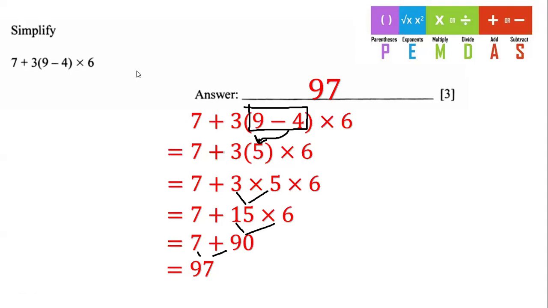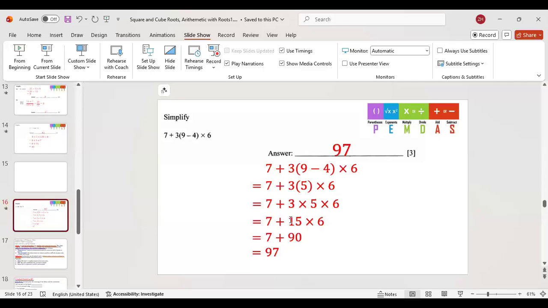Okay, let's go ahead and do this next one. Let me remove all of this ink here. If you finish with this, take a picture of it and send it to me via WhatsApp. If you finish with that slide, let's do another one. It's an interesting one.